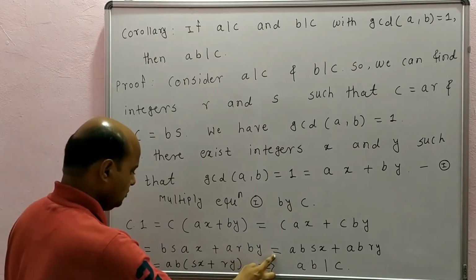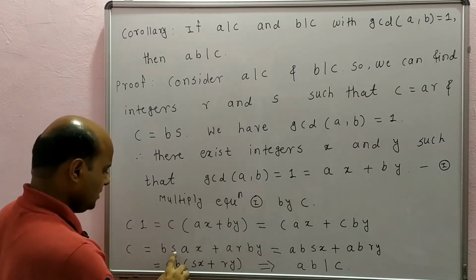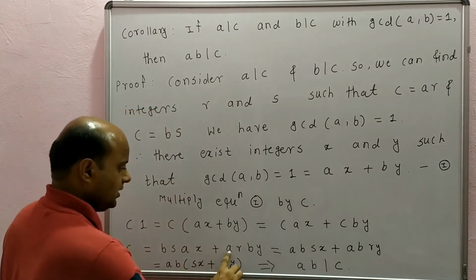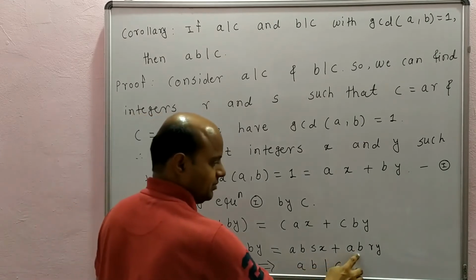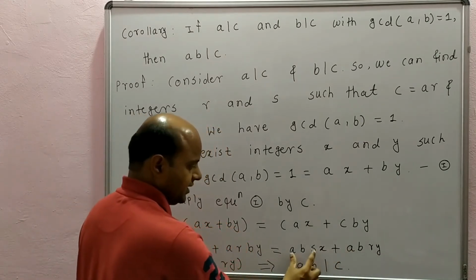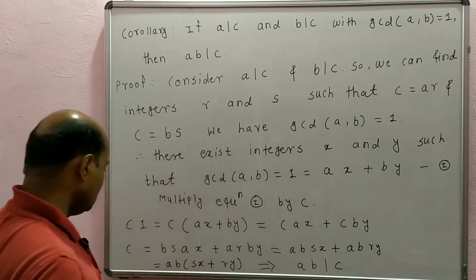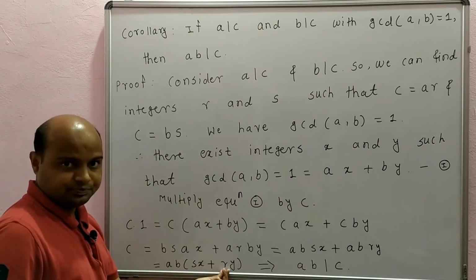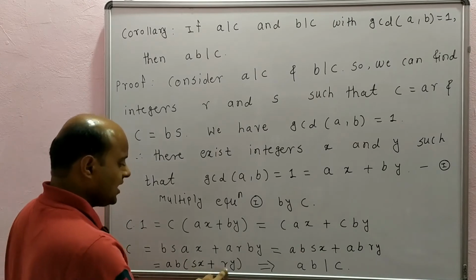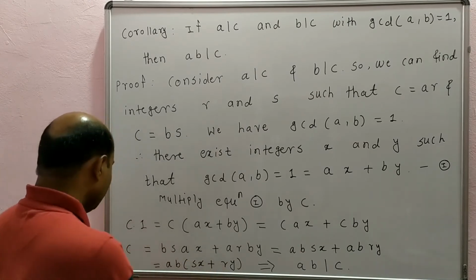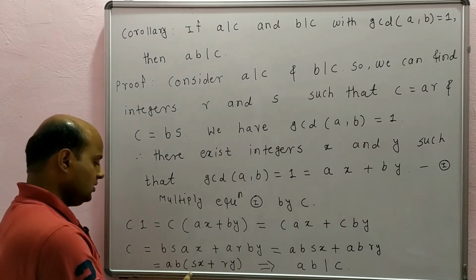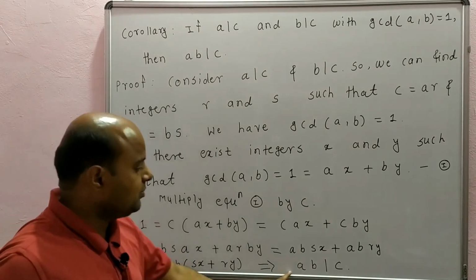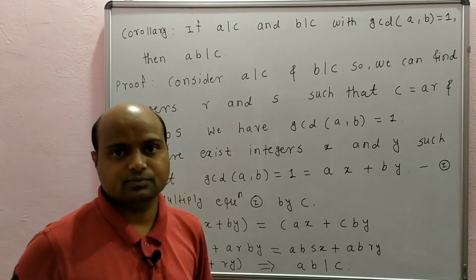Therefore, this is equal to abSx plus abRy. Now from this we will take ab as common. Therefore, this is equal to ab into sx plus ry. Now sx plus ry is an integer and c equals ab into sx plus ry. Therefore, this implies ab divides c.